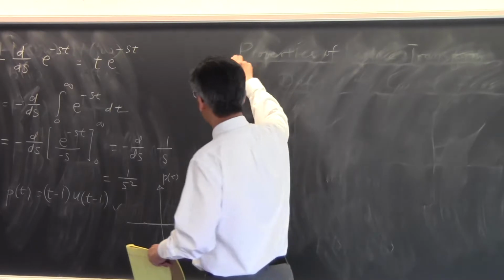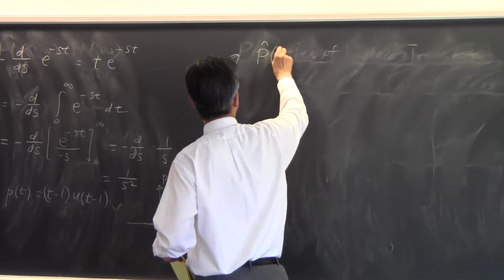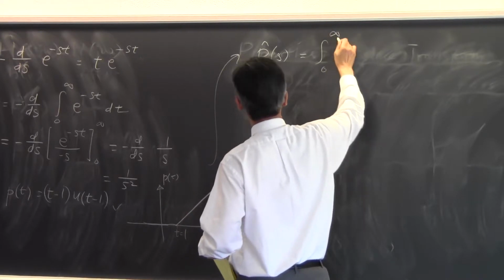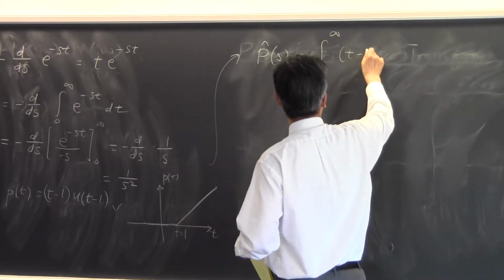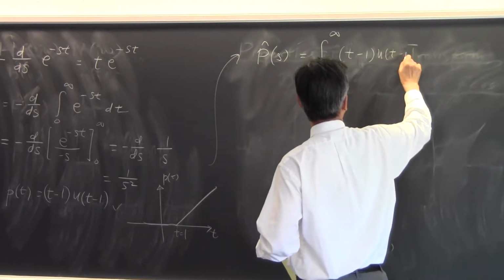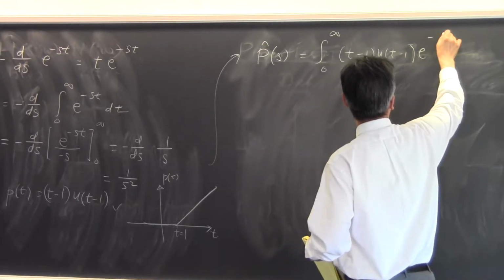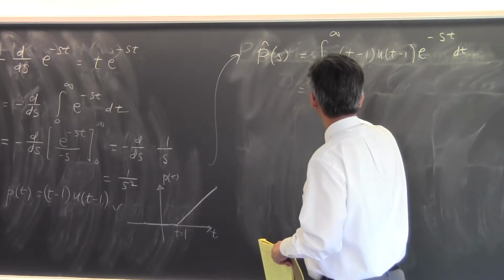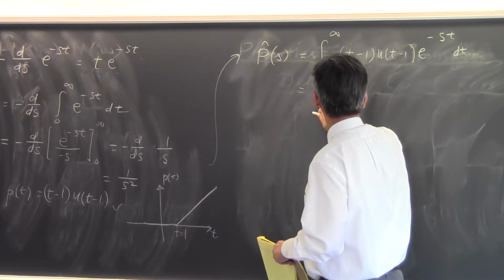So if I were to find p hat of s, it will be equal to the integral from 0 to infinity of t minus 1, u of t minus 1, e to the minus st dt. And this is the same as integrating from 1 to infinity.